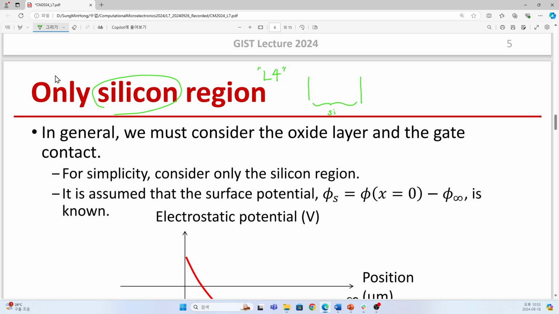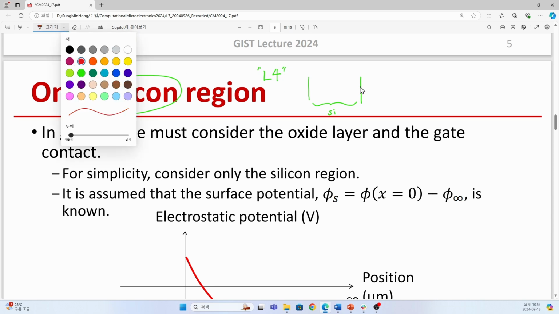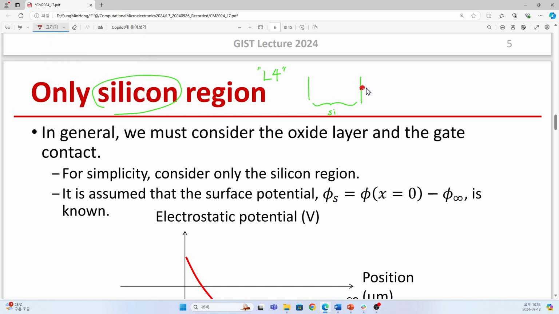In this case, we have two boundaries. Of course, this is the deep substrate, and here we say that the potential is given from our p-type acceptor doping density, and we denote it as phi infinity. And here, of course, we can introduce many different boundary conditions, but let's say that we have the surface potential. What is the surface potential?